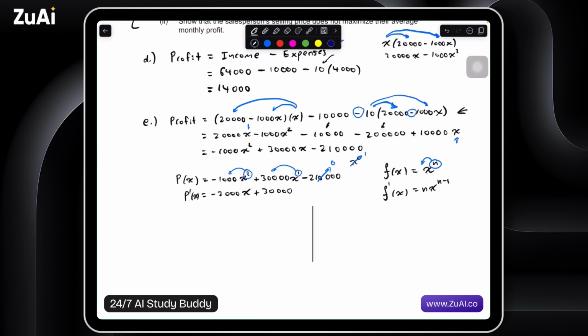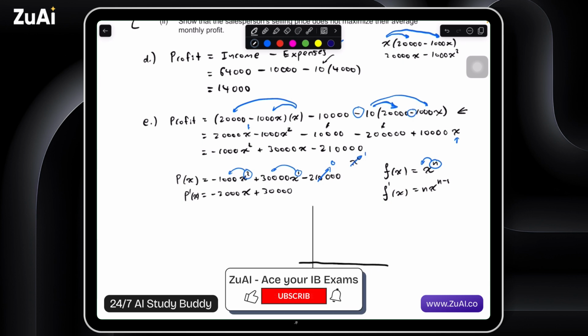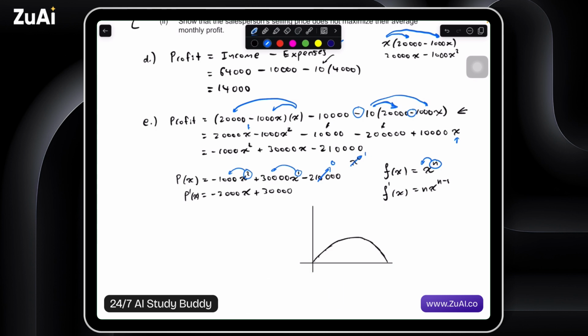So let me just provide a little bit of conceptual background. If our original function looks like this, our derivative is also called our slope function, and it'll find the slope of the function at any given point, so the slope of the tangent line.